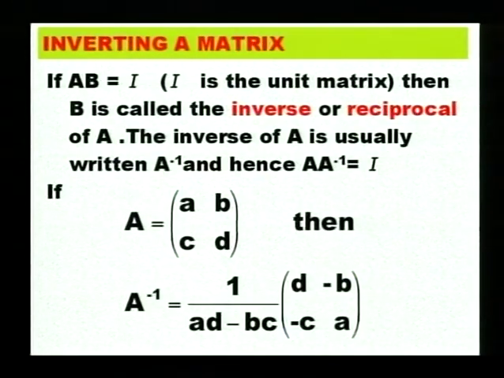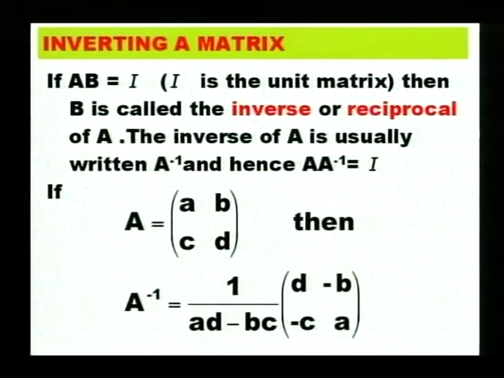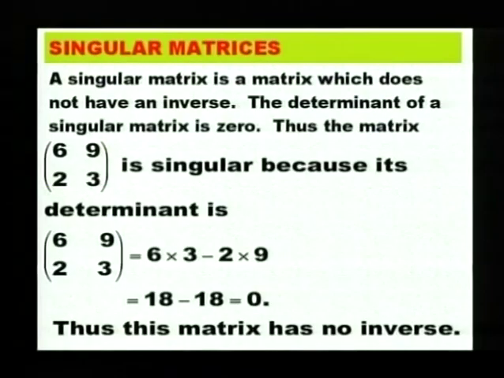A to the power of negative 1 is equal to 1 over AD minus BC multiplied by D, minus B, minus C, A. So that's on inverting matrices.